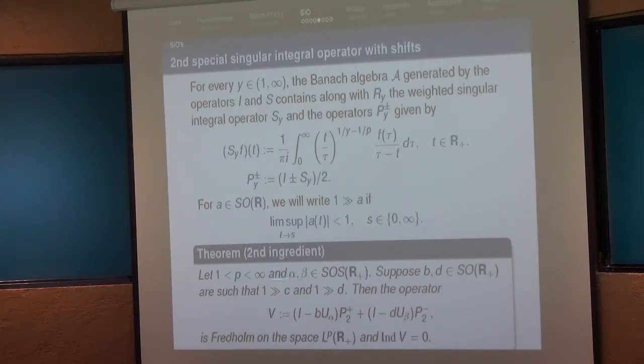So if these coefficients are slow oscillating and both dominated by 1, then this operator, when y is now 2, is important. We consider this operator on the space L^p. In this case, when we replace p here by 2, the index of such an operator is 0. This operator is Fredholm and the index is 0.